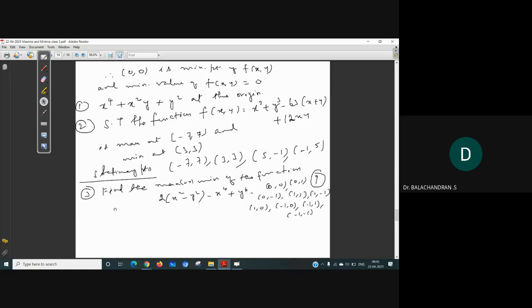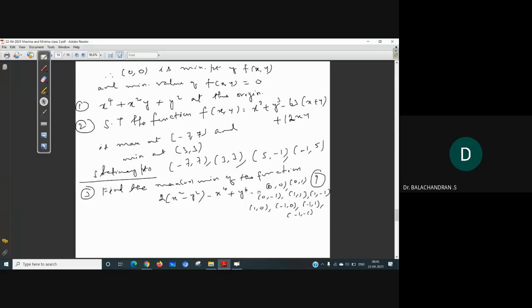And third column, find the maximum or minimum of the function f of x comma y equal to 2 into (x square minus y square) minus x power 4 plus y power 4. So this is a function.